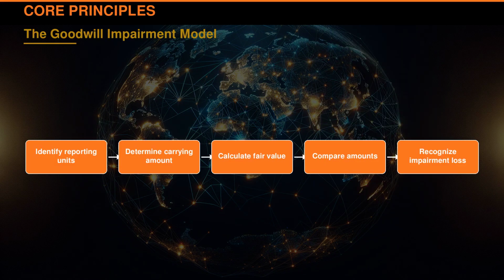This model is a roadmap for recognizing when goodwill initially recorded during acquisitions loses its value. Using Meridian Corporation's $10 million SaaS contract with Acme Incorporated, we'll see how each step ensures accurate financial reporting. From identifying units to recognizing impairments, this process upholds transparency and precision in financial statements.